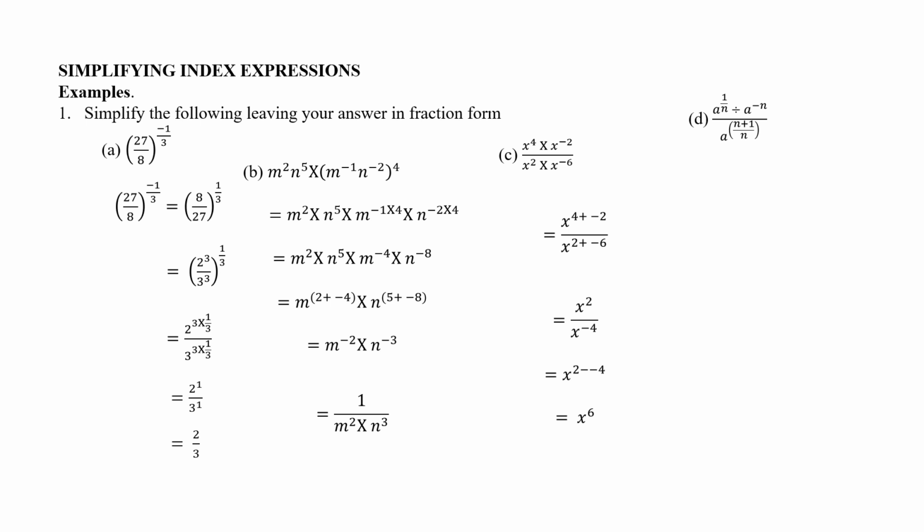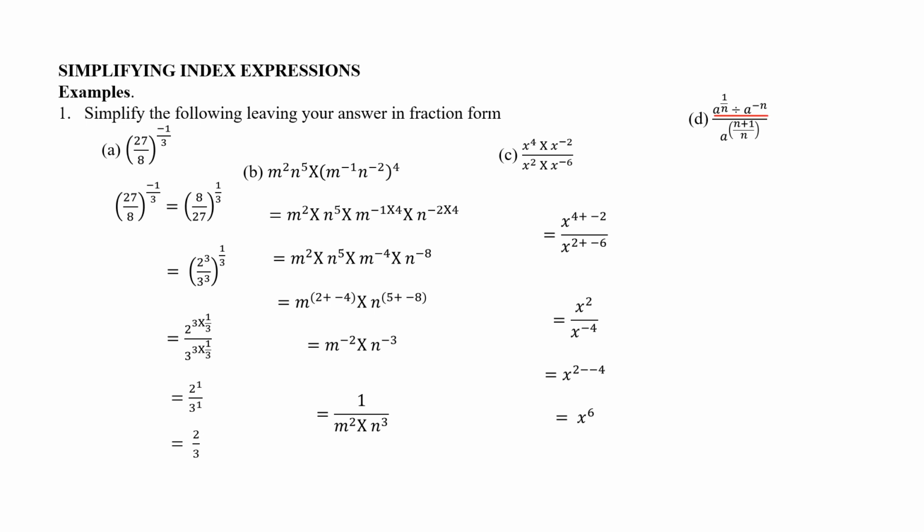Our part D, we are seeing our base there as the a in the numerator and also in the denominator. We are having our power 1 all over n, then power negative n, then power n plus 1, then divided by n. So in the numerator, we are going to first subtract the powers there.